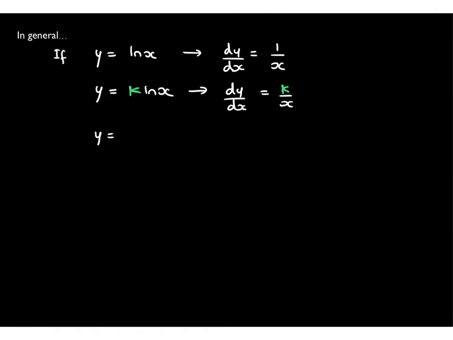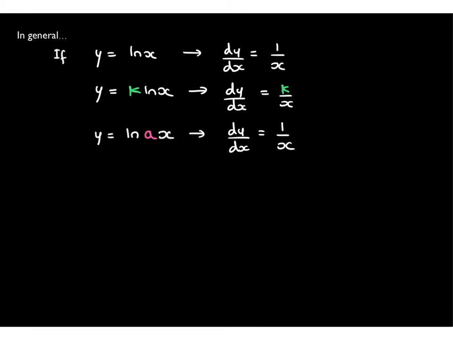What happens if y equals ln of ax? Well, dy by dx is just equal to 1 over x. So notice that the a plays no part in the final answer.